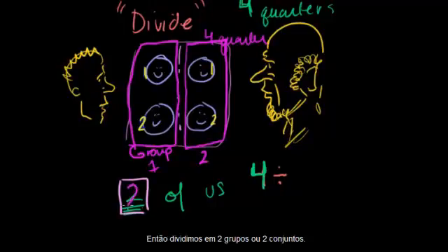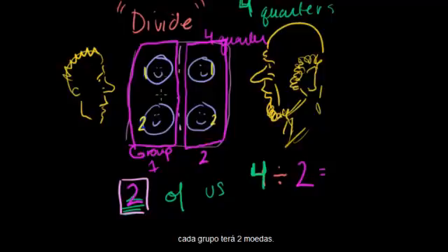So 4 divided by 2 is equal to, when you divide 4 into 2 groups, each group is going to have 2 quarters in it. It's going to be equal to 2.